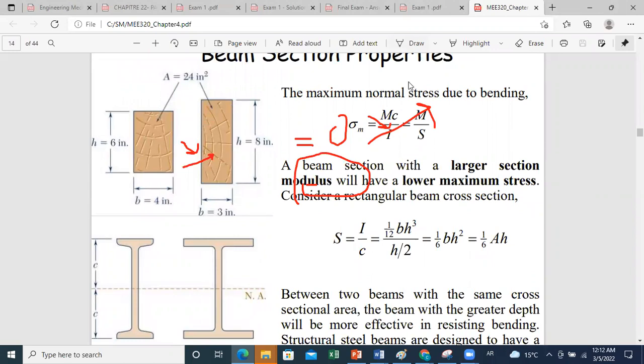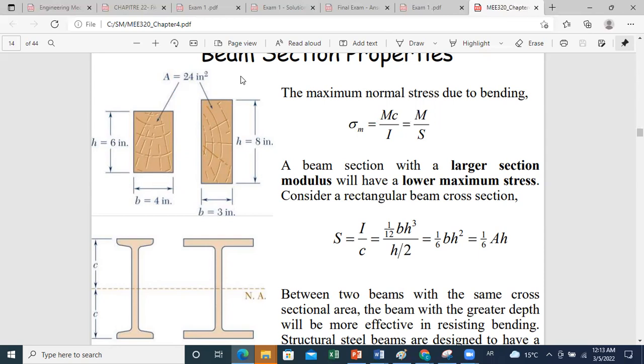Let's say we want to decide which cross section is better for a certain application. In general, you try to reduce your maximum stresses, because each material is characterized by a maximum normal stress it can sustain, and if we exceed the stress, we'll have rupture. So to avoid any failure of our structures, we need to do a good design and reduce the maximum normal stress, to be below the maximum allowable stress.